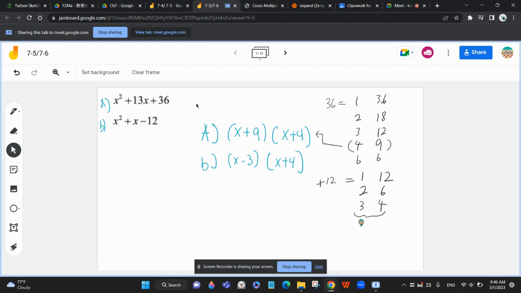So you get negative 3 and 4, because if you put negative 3 and positive 4, you add up, you get positive 1, which is true. Yeah, so you need to match them with the middle term.